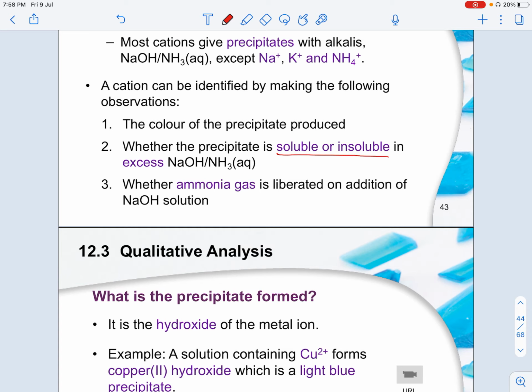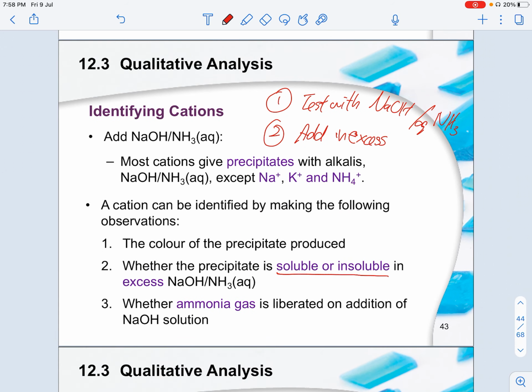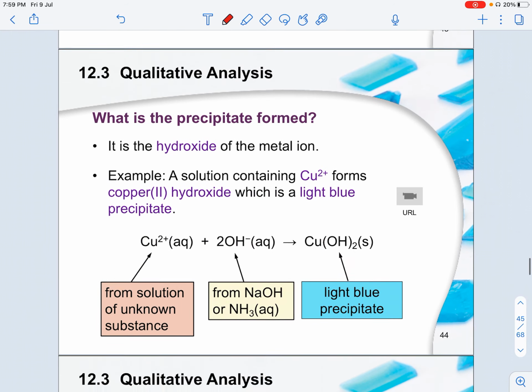And subsequently, you can then test for ammonia gas if you add sodium hydroxide to see if the solution is an ammonium salt. Do note that it is not recommended to use aqueous ammonia to test for any form of ammonium salt for the cation. Okay, so that's one thing to note.